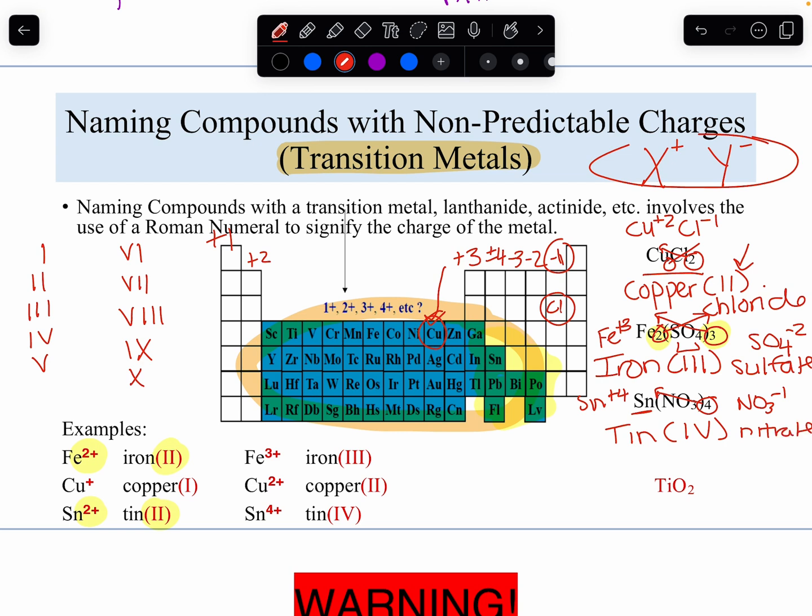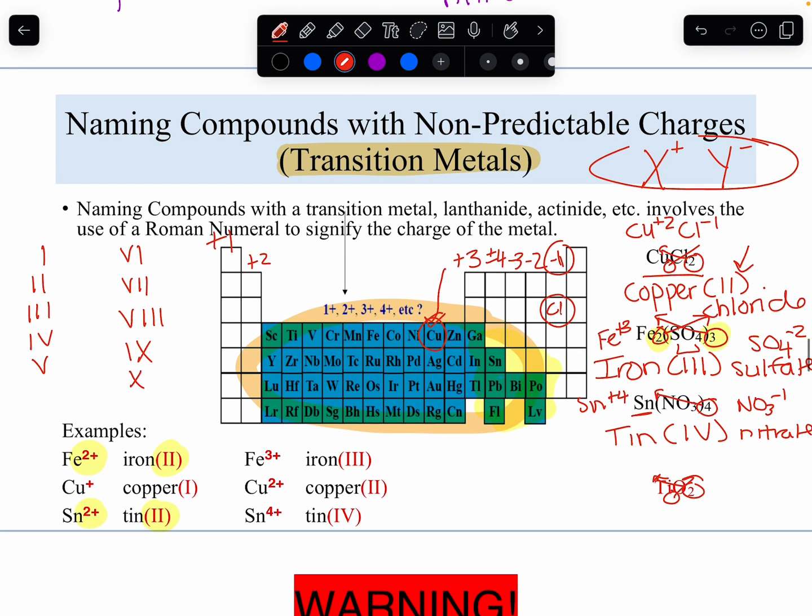And then our last one down here is TiO2. This is a difficult one. So let me show you how this would work. You would assume this 2 came from the Ti and this came from the O. But I need you to look and find what the charge of O is. O is always, always, always a -2. I believe it's maybe right here. Just the no, actually, not the 2.